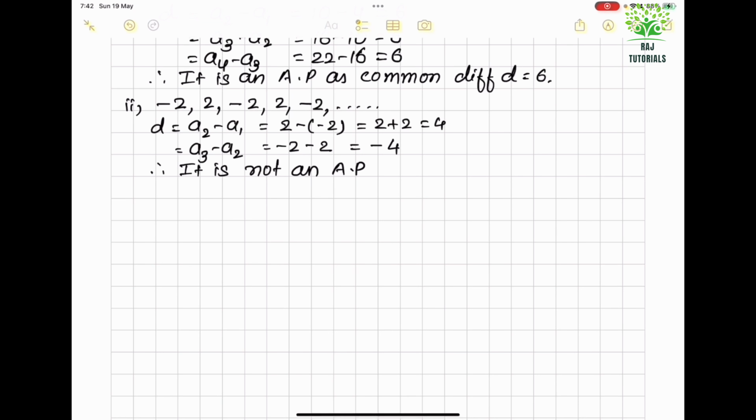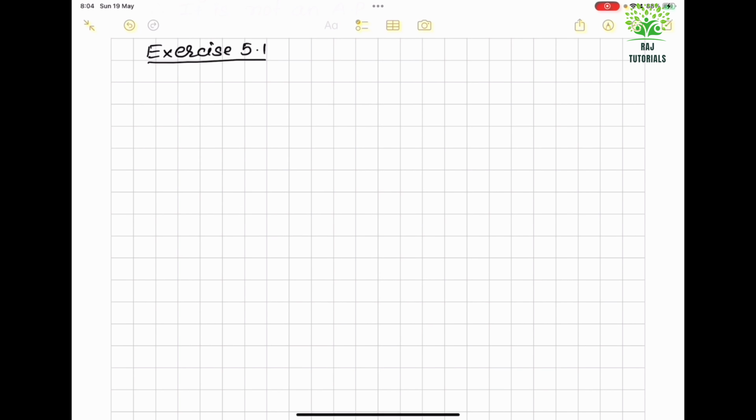Now see, this is nothing but your exercise first. So let us start with the exercise now. Coming to exercise 5.1, question 1. It says, in which of the following situations does the list of numbers involved make an arithmetic progression and why?